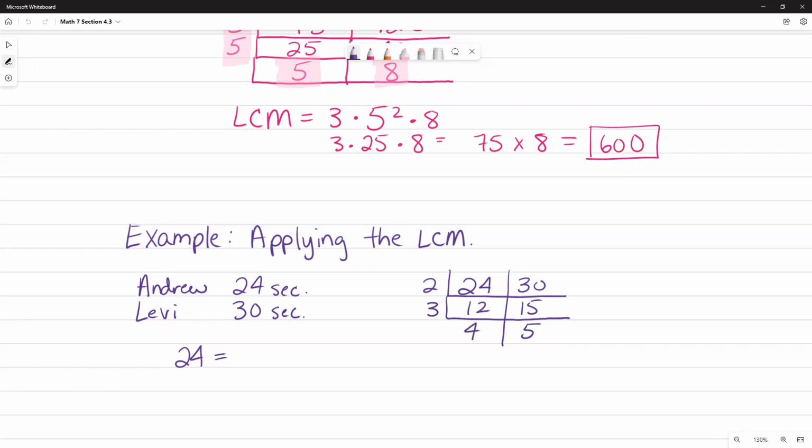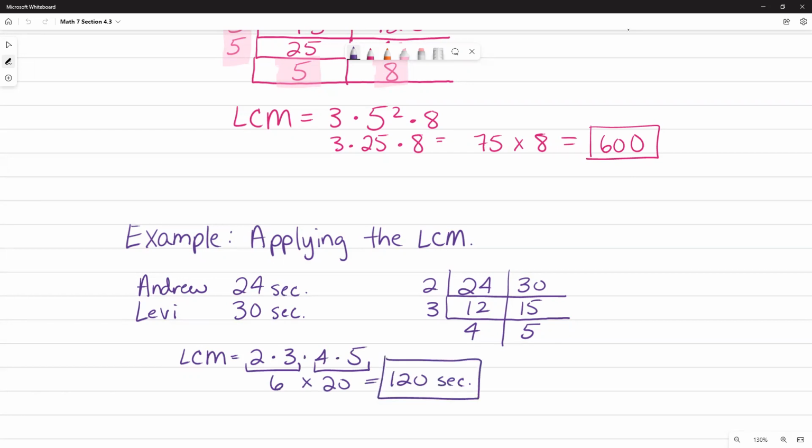Gives me 4 and 5. So my prime factorization is all of these multiplied together. So, or excuse me, the least common multiple, 2 times 3 times 4 times 5. So this is 6, and this is 20. And 6 times 20 is 120 seconds.